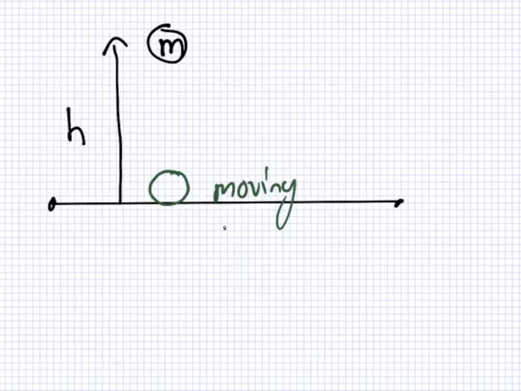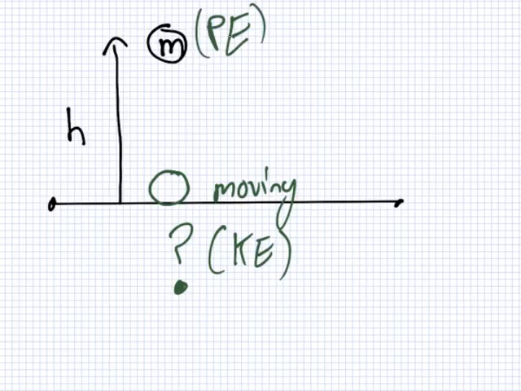So it has kinetic energy. Where did this energy come from? It must have had potential energy up here, and this potential energy turned into kinetic energy. So we want to know what's the formula for the potential energy at the top.